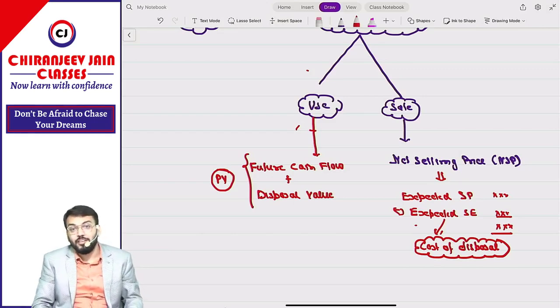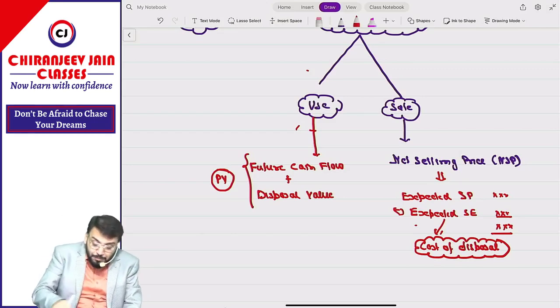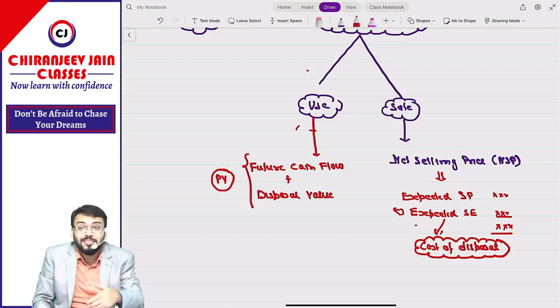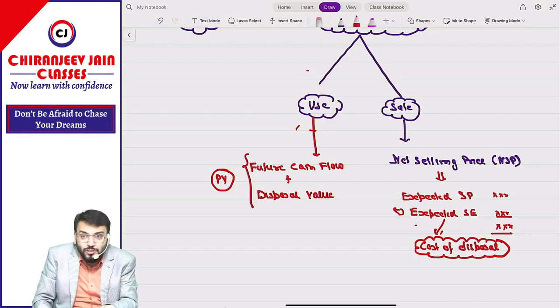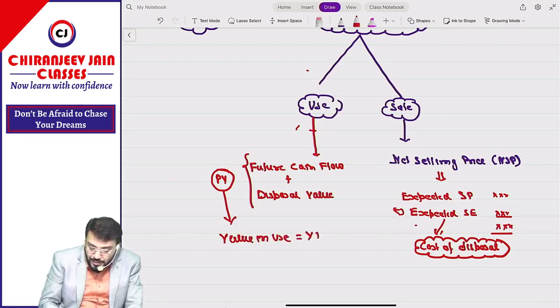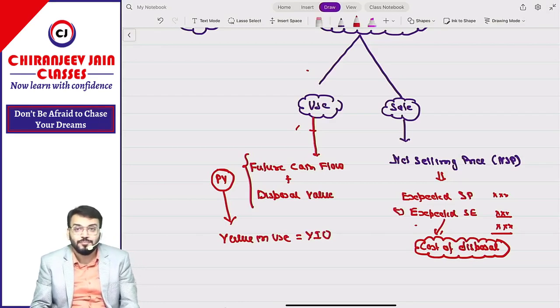Present value. Understood? If you calculate present value of this, it will become the recoverable amount from use, and we call it value in use. So this becomes VIU, value in use.